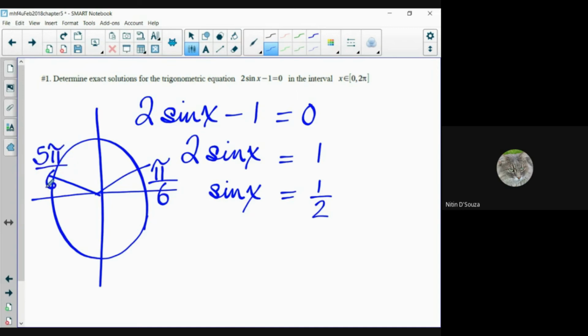Did you get that from your unit circle? Square brackets mean 0 and 2 pi are both included. Okay? Any questions on that one?